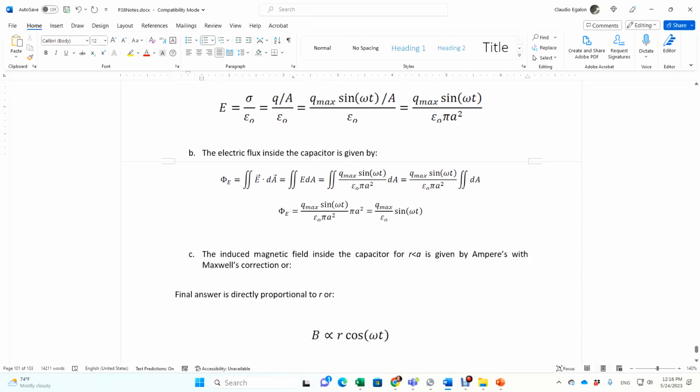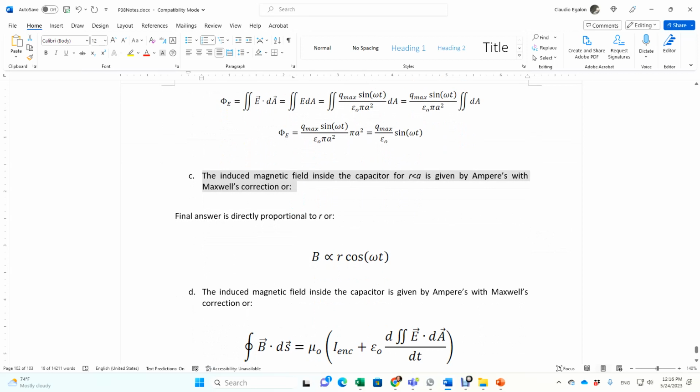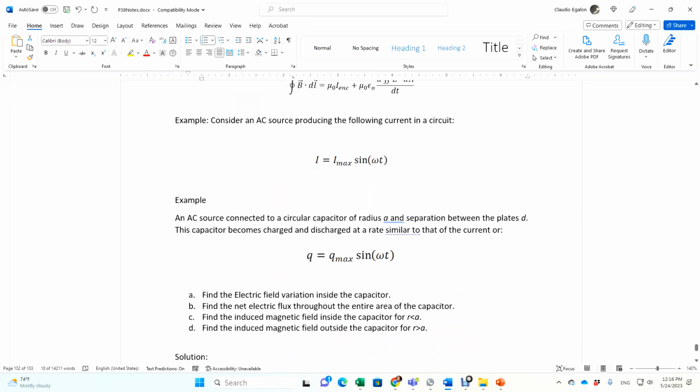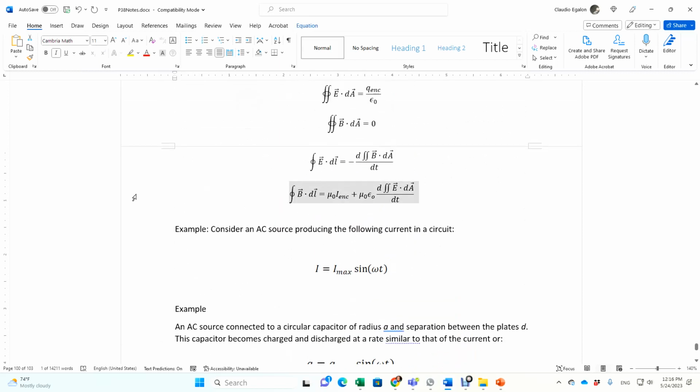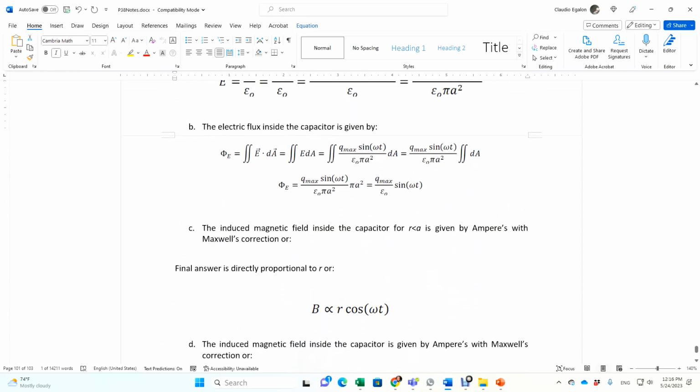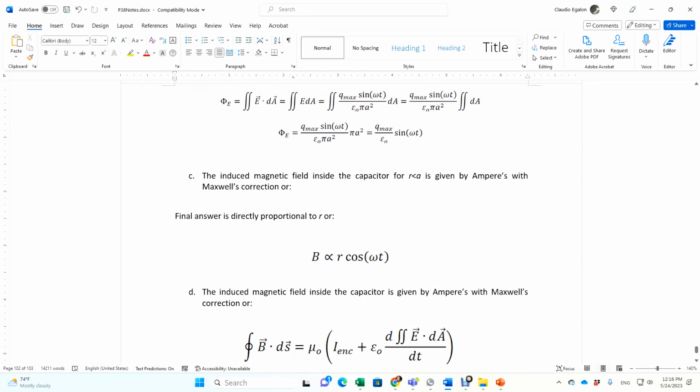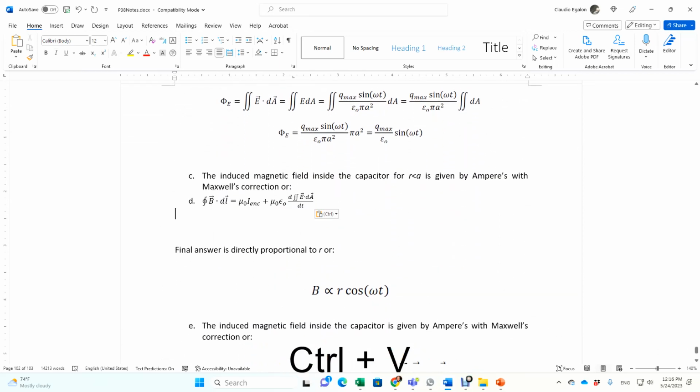Okay, induced magnetic field inside the capacitor is going to be given by, let's do that together. Okay, so we're going to get this equation here. That's where the real problem starts, right? I'm giving just the final answer, but now I'm going to put the step-by-step here for you.